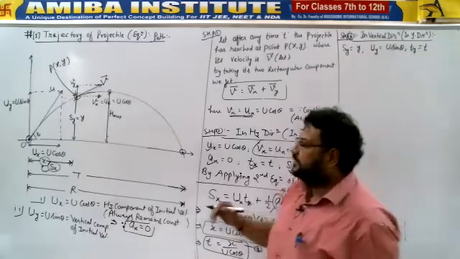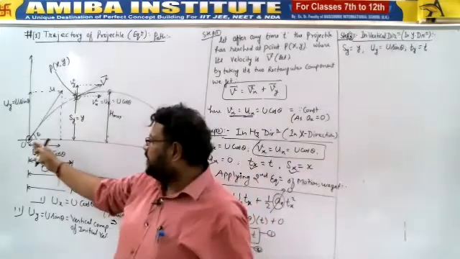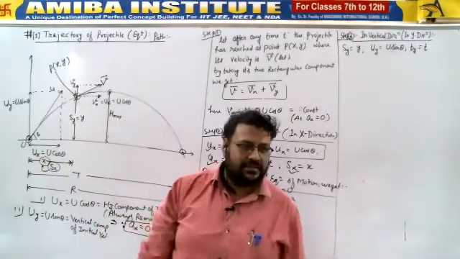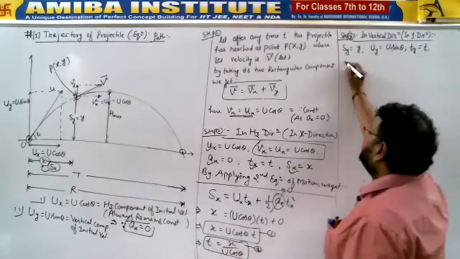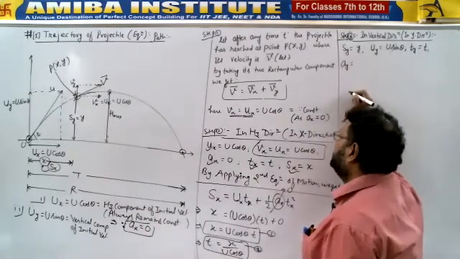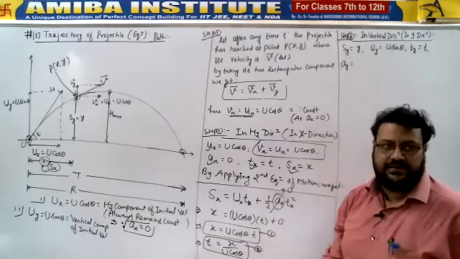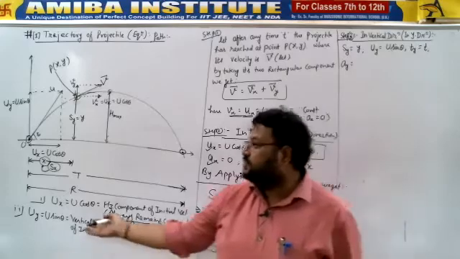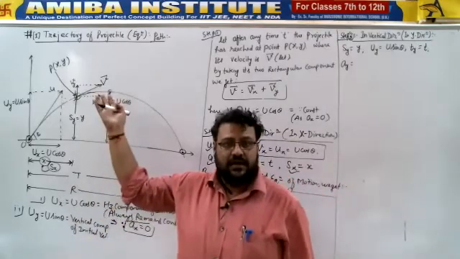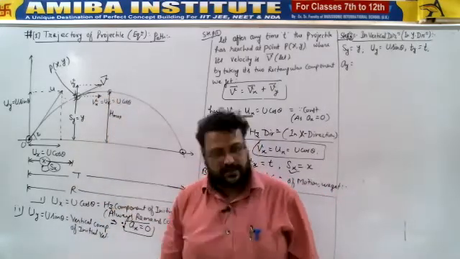Time taken in y direction from O to P, the same time t, small t, right? And ay, acceleration in y direction. Yes, there is acceleration. This is because of gravity. Since the initial motion is in upward direction, while the acceleration is in downward direction.